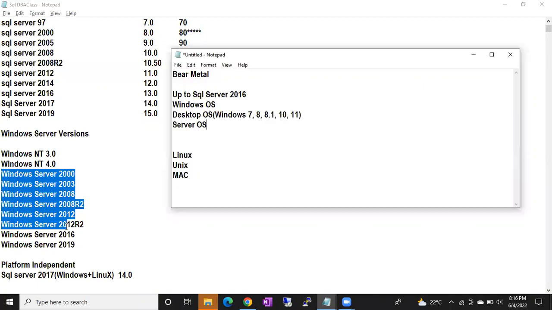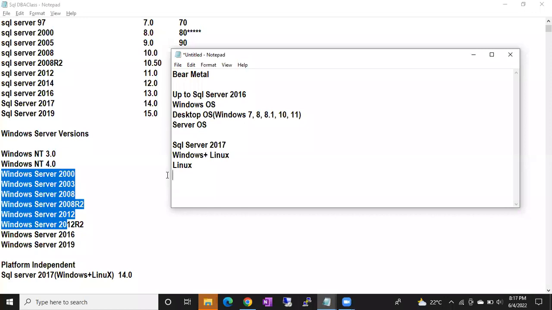Up to SQL Server 2017, you are able to install SQL Server only on Windows operating systems, either desktop or server operating systems. From SQL Server 2017, you are able to install SQL Server on Windows operating systems plus Linux operating systems also. Unix and Macs, as of now, won't work.